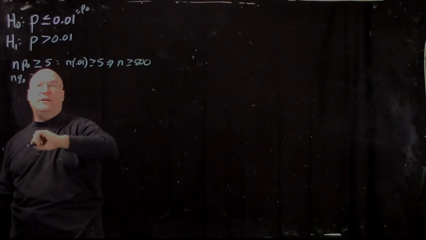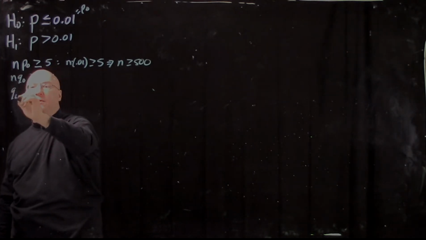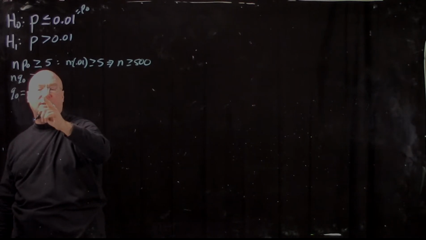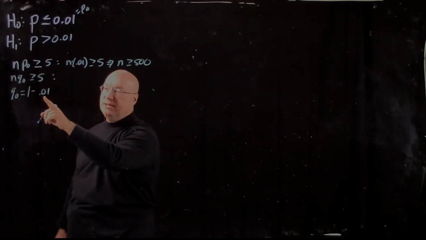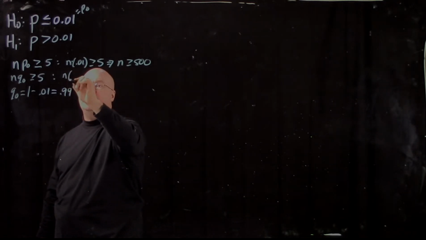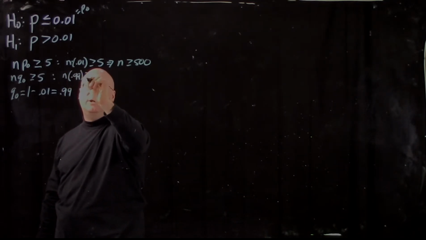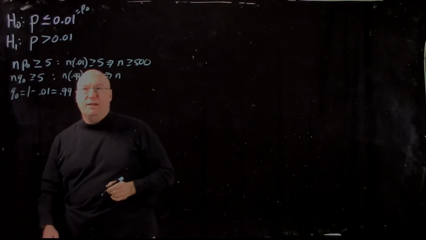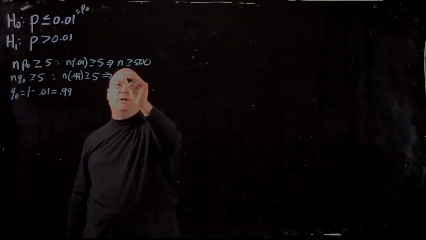And what about q naught? Q naught is 1 minus p naught, which is 1 minus 0.01, so it's 0.99. So I need n times 0.99 to be bigger than or equal to 5. If n is 5, it won't quite do it, so n has to be bigger than or equal to 6.